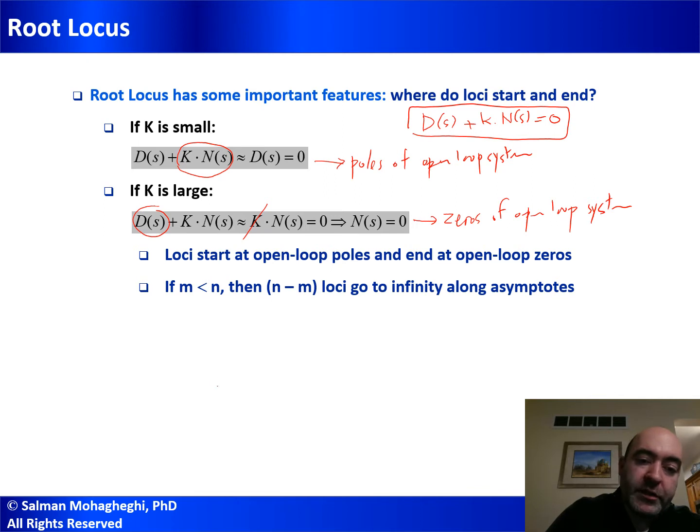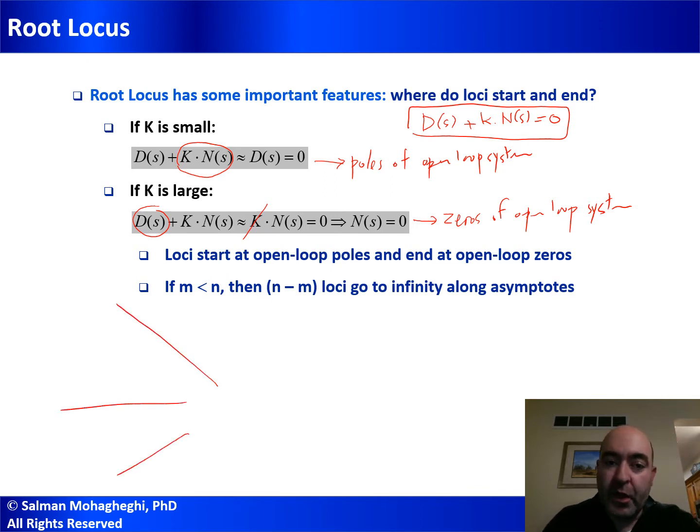My root locus is going to have multiple branches. These branches will start from poles of the open loop system and will end at the zeros of the open loop system. So as I change k from 0 to infinity, my closed loop poles will start moving from poles of the open loop system to zeros of the open loop system.